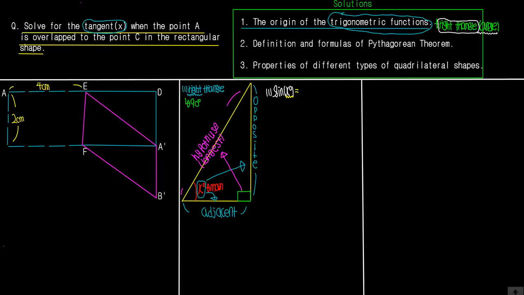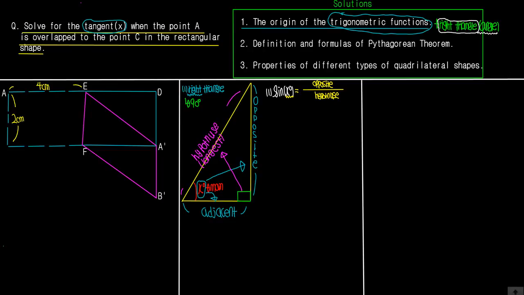The similarity between each trigonometric function is that they all have a division, which is a fraction. The definition of the sine of x is the hypotenuse in the denominator, and in the numerator there will be the opposite side. That's what the sine of x is going to be.